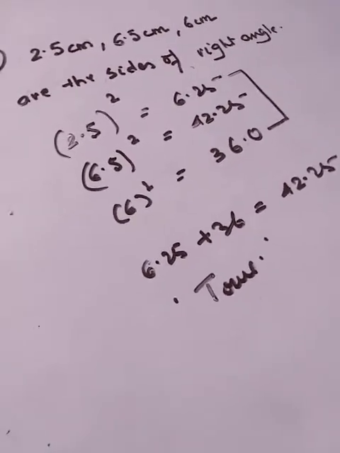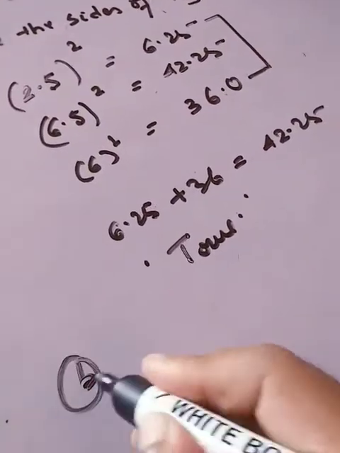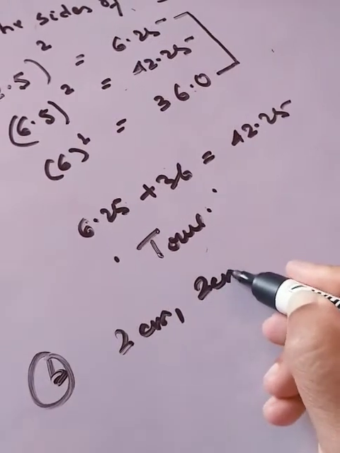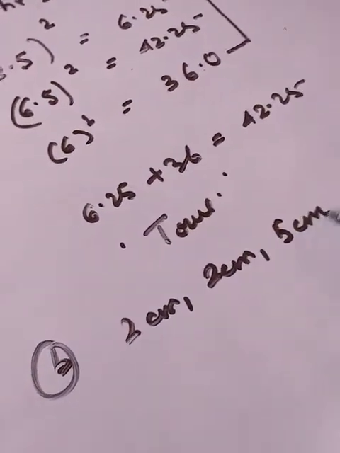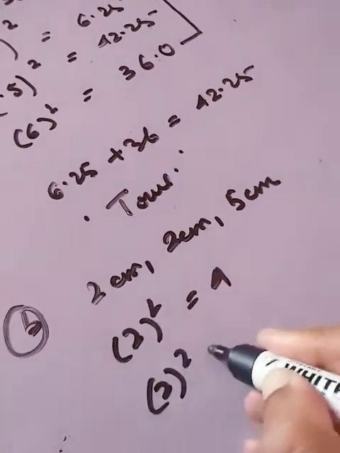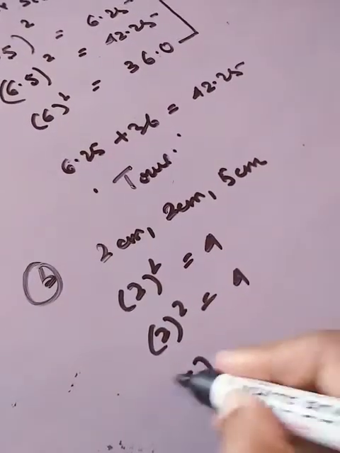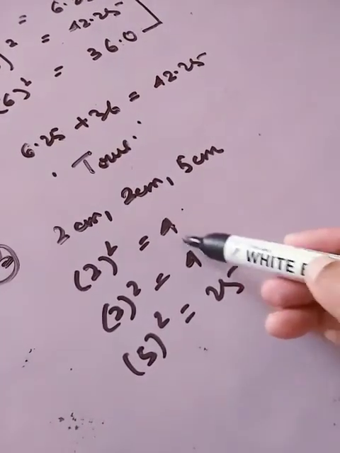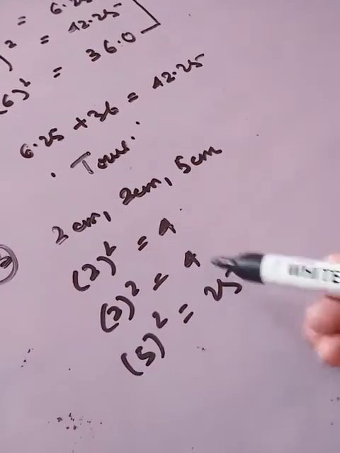Let's check out the second one, that is B. The dimensions given are 2 centimeter, 2 centimeter, 5 centimeter. So we'll get the square of each side. 2 square is 4. 2 square is 4. And 5 square is 25. Now, anyhow you do, if you add this and this, 4 plus 4 is 8, and 8 is not equal to 25.